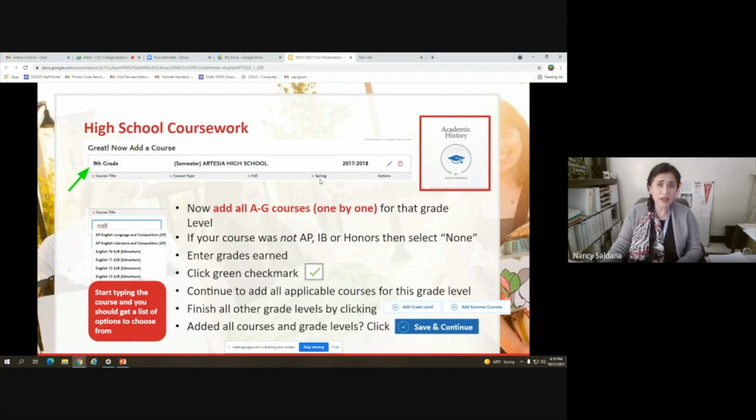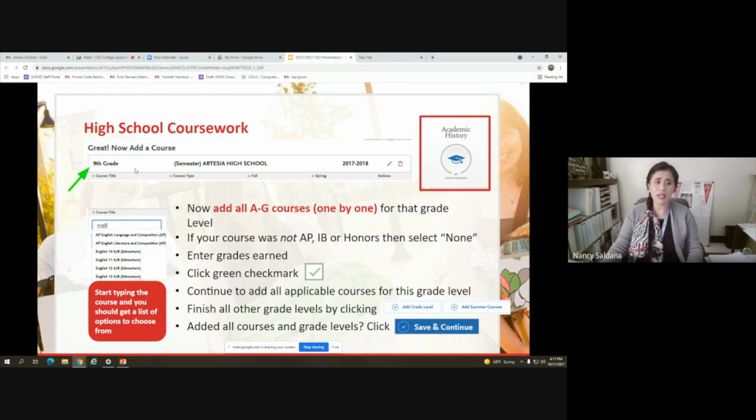For spring, this is where you are going to indicate the classes that you are planning to take. Okay, so you're going to indicate that you are planning to take the following courses for spring, second semester.